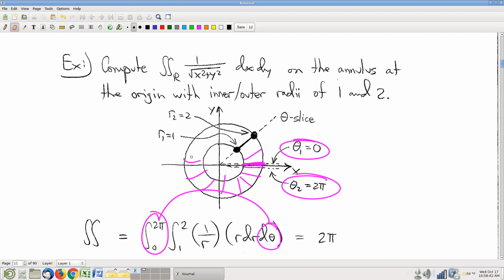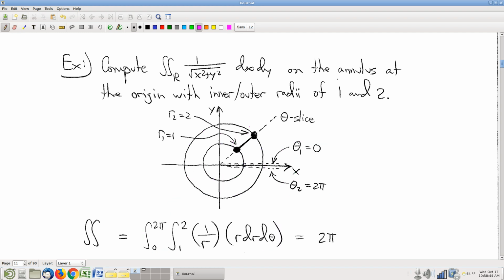For any given value of theta, let's say this one, r starts at that point, which is on that curve, which has that equation, and therefore start with r equal to 1. We end at that point, which is on this curve, which has that equation, and thus we end at r equals 2. And it turns into this perfectly innocent polar coordinate integral.